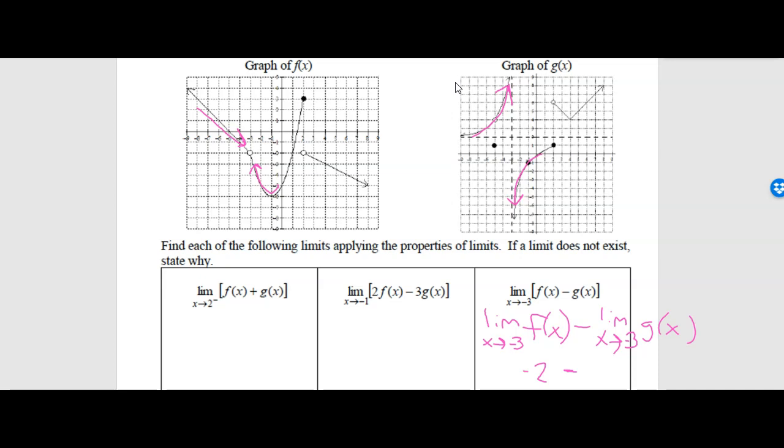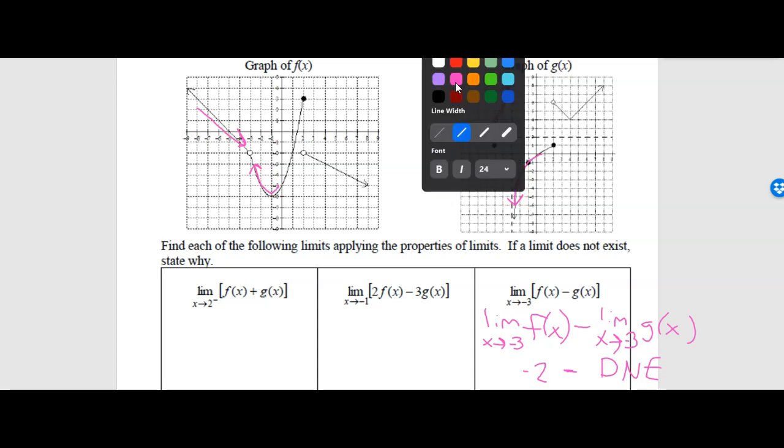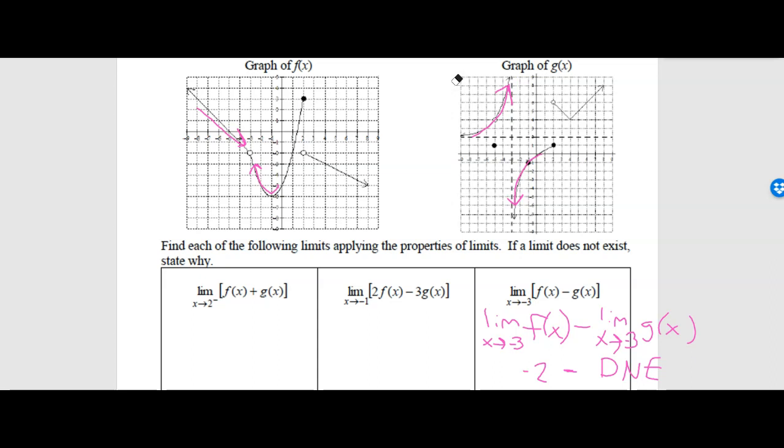So if one of these limits does not exist, we can't add something that doesn't exist to negative 2. Does not exist is not the same thing as 0. We actually just don't have an answer here. So our final answer, if one of these does not exist, then our overall answer does not exist.